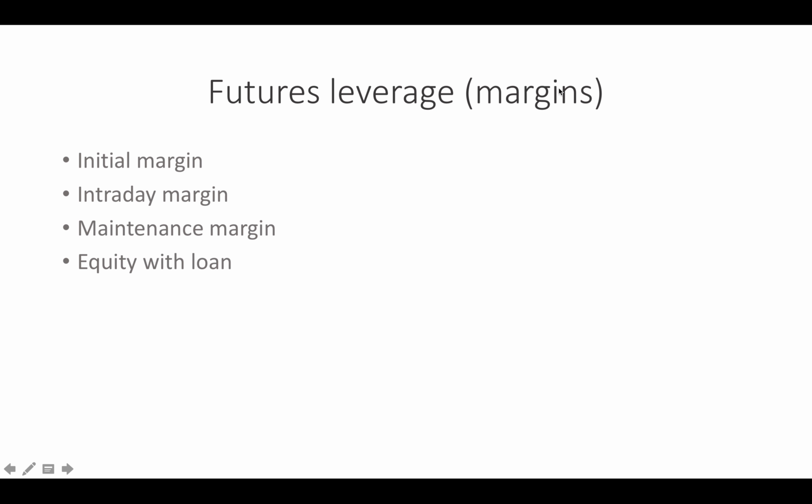Now, futures leverage: there's the margins, there's the initial margin. So the way futures work is, let's say oil. Say oil is $46.